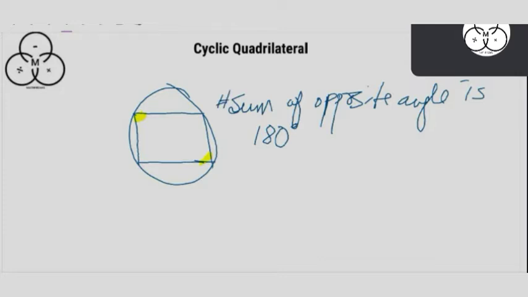Second property, which can be deduced from this property itself, is that this exterior angle theta is equal to the interior opposite angle.